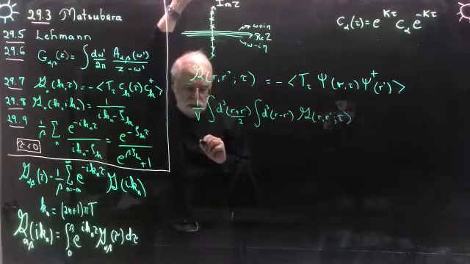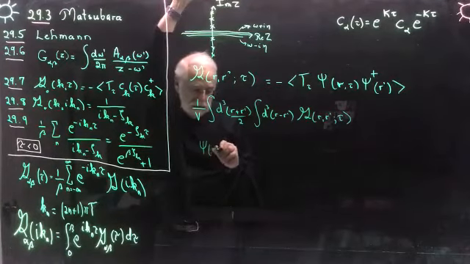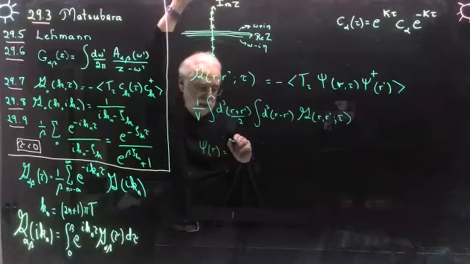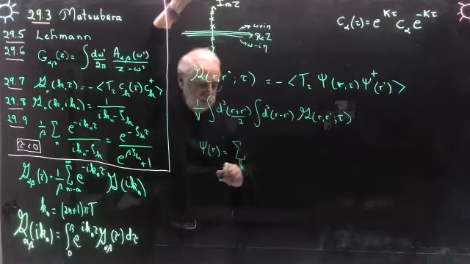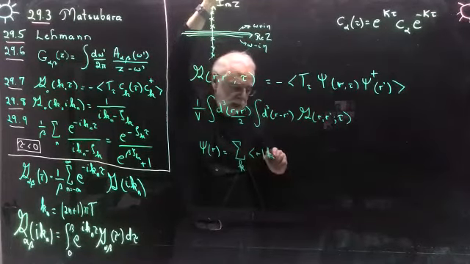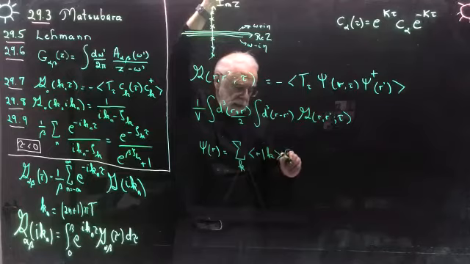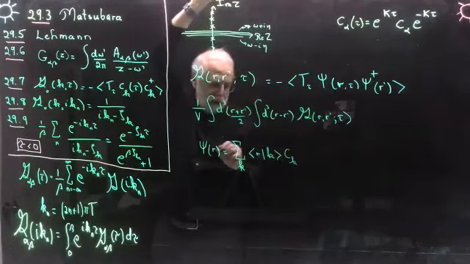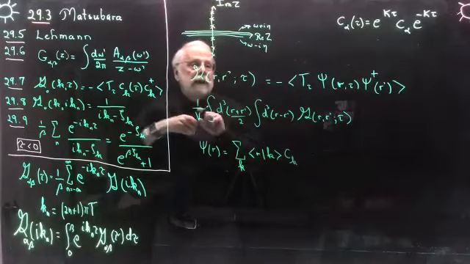Then we use the change of basis. So psi of r is equal to a sum. We have this mixed basis, a sum over discrete wave vector k of phi k of r times c k. That's just the change of basis formula.